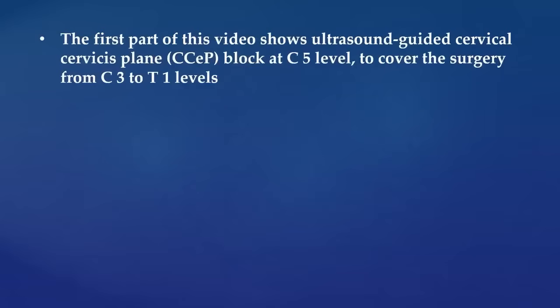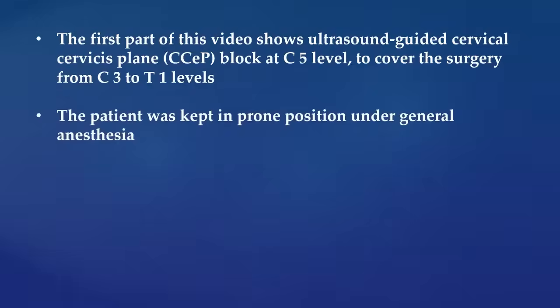The first part of this video shows an ultrasound-guided cervical cervicis plane block at the C5 level to cover the surgery from C3 to T1 level. The patient was kept in prone position under general anesthesia.